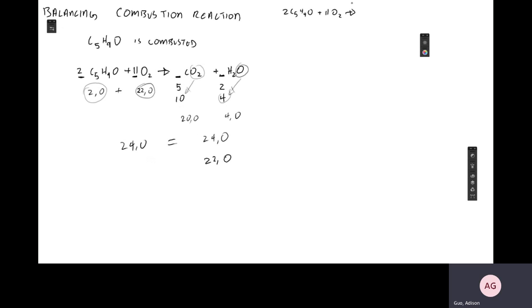So we have 10 carbon dioxides plus 4 waters.